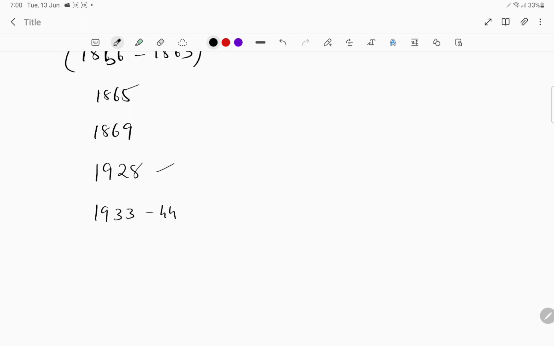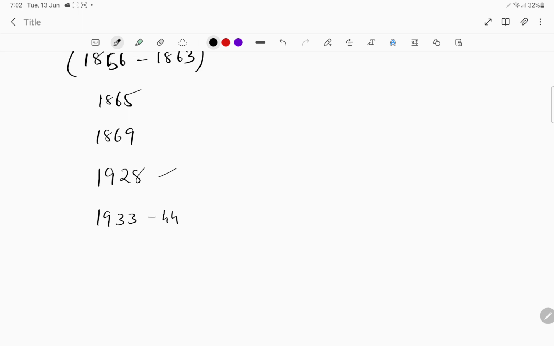During these years the experiments were conducted by three scientists: Avery, McCarty and MacLeod.